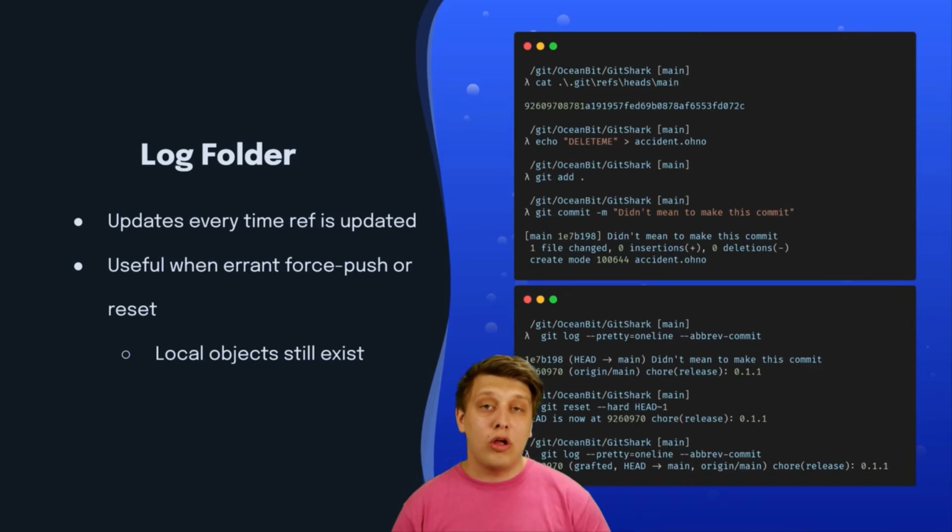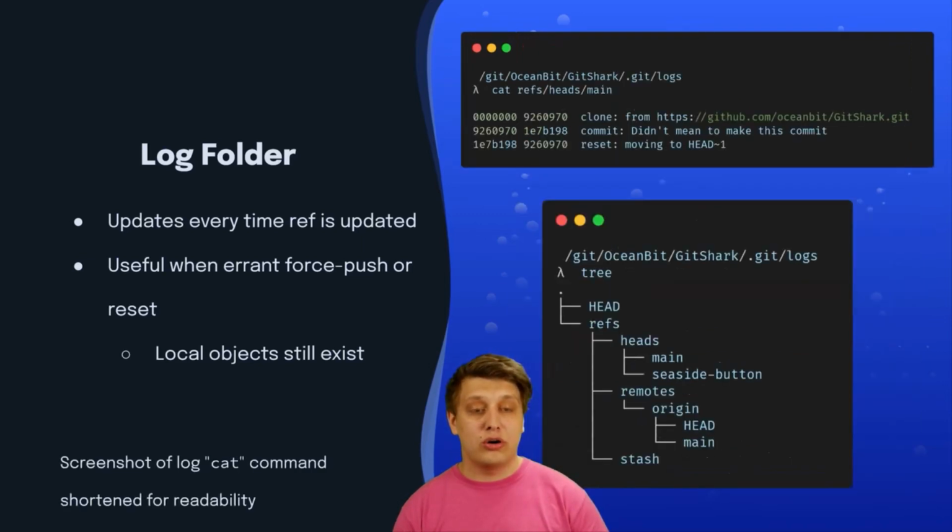This is where our log folder comes into play. Our log folder is updated every time that a ref is updated, meaning that we have made a commit or changed the reference in some way. In this example, if we were to look in our log folder, we can see that under logs/refs/heads/main, we've made a clone. We were able to make a commit, and later we were able to reset from that commit.